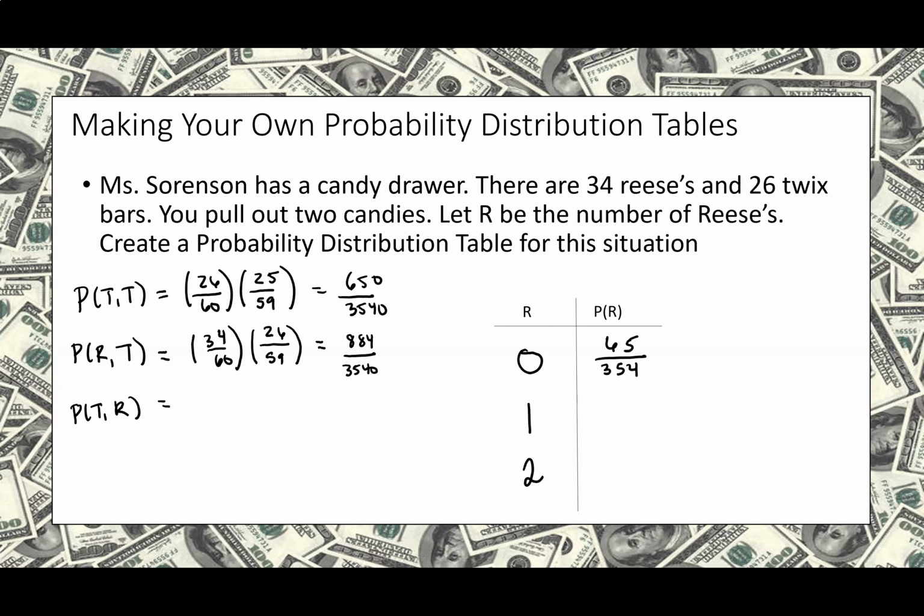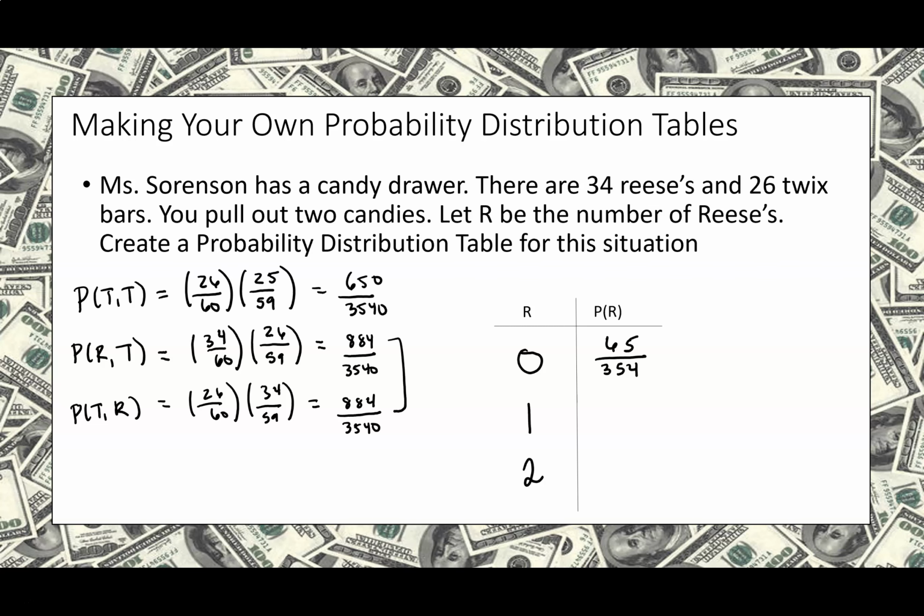Okay, now what's the probability of getting a Twix and then a Reese's? That's going to be 26 out of 60. And then you pull out a candy bar and you're left with 34 Reese's out of 59. And this is going to give you 884 all over 3540. Okay, so we have to add up these 2 values. So I'm going to add up 884.